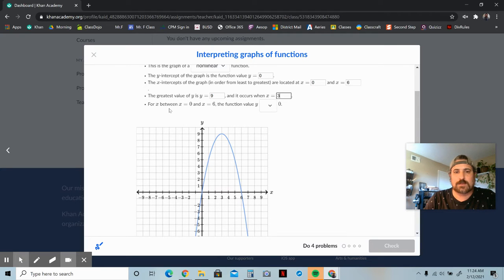And for x between x equals 0 and x equals 6, the function value of y is, so from 0 to 6, you'll see that y is always positive. So y is going to be greater than or equal to 0, because y is always positive between x values of 0 and 6.